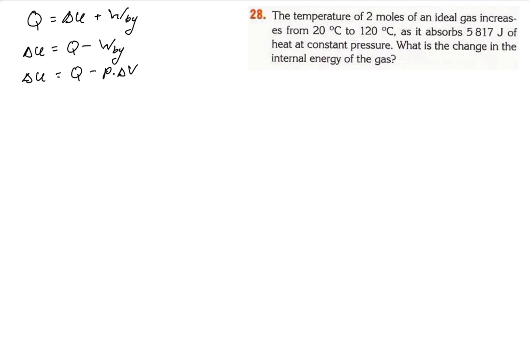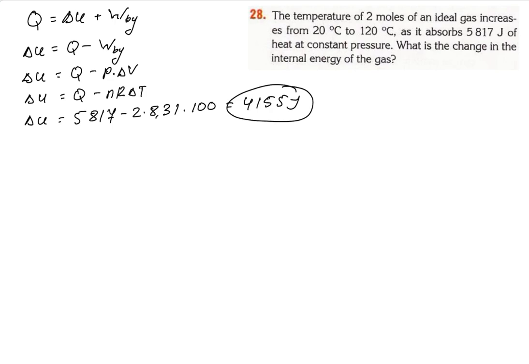So I will replace it with another equation, which is Q minus nR delta T. So that means delta U is equal to 5,870 minus 2 times 8.31 times the difference in temperature, which is 100. So it should be equal to 4,155 joules of internal energy change.